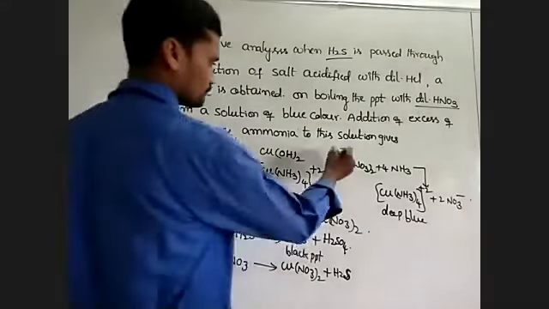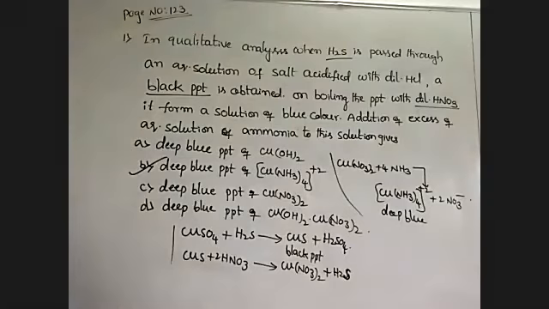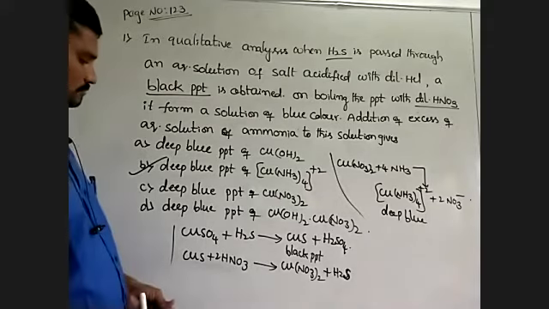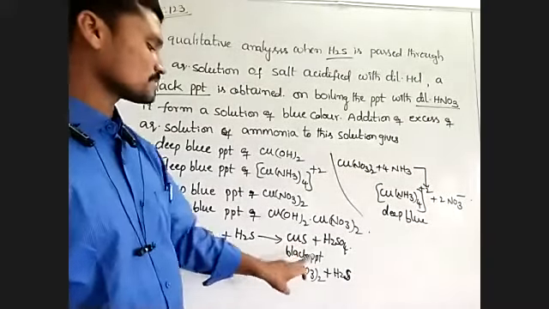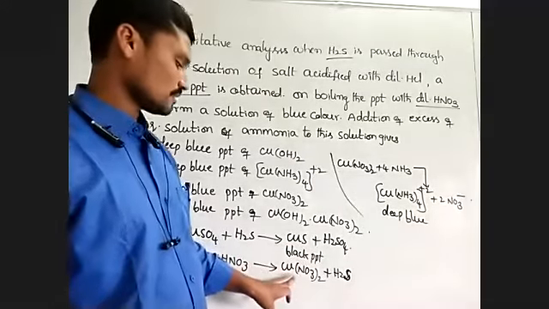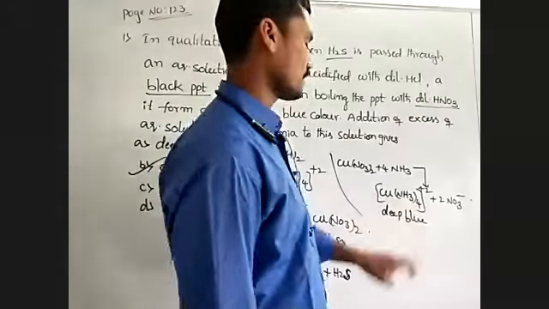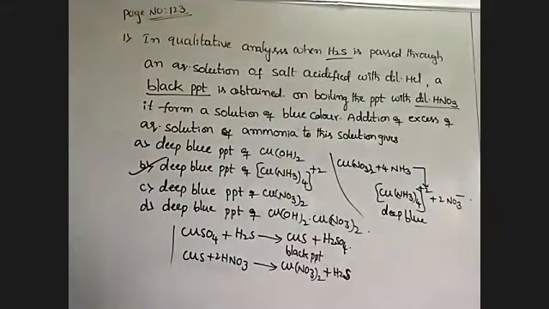Note these three equations here. This is the salt, cupric sulfide the black precipitate, and this is the copper nitrate solution, and this is tetraamine copper 2 ion. Right. So next one.